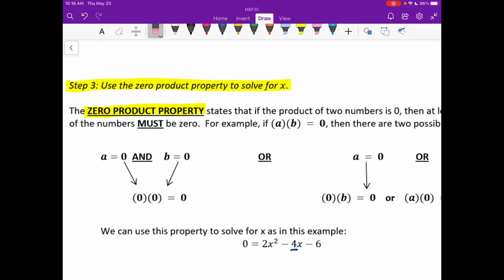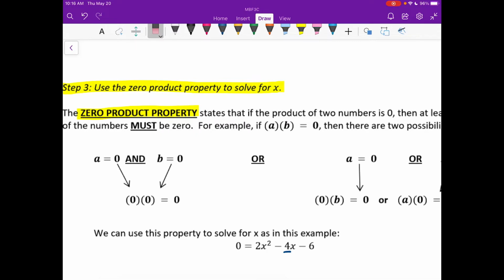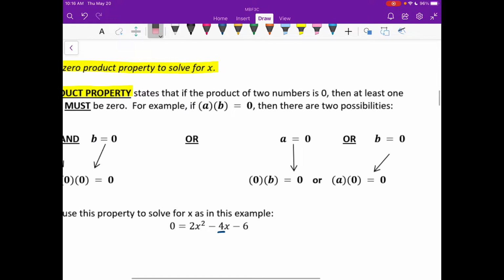For example, if you're multiplying a by b and you get 0, that means either a and b are both 0, because 0 times 0 gives you 0, or a is 0 and b is some random number, or b is 0 and a is some random number. Because regardless of what happens, when you multiply a number by 0, it becomes 0.